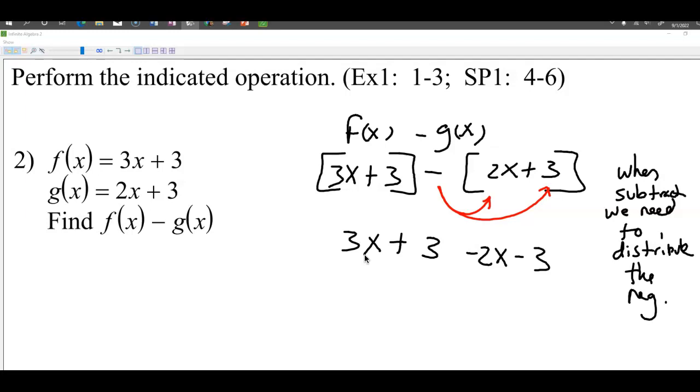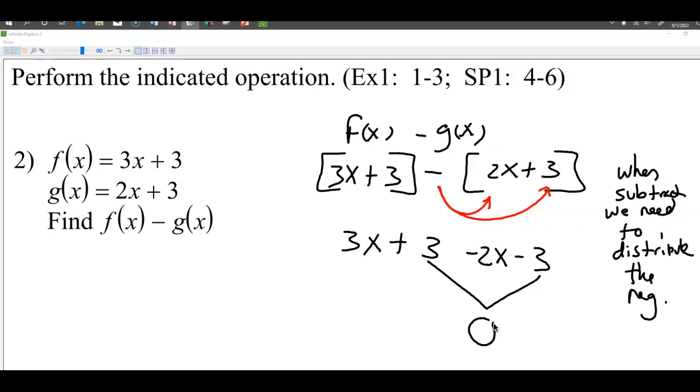All right, from there, we're just going to combine our like terms. So let me ask Shamani, what are my like terms up here? Can you find a pair? Good. So 3 and negative 3 are like terms. What do they combine to make? 0. Good. And you said 3x and what else?